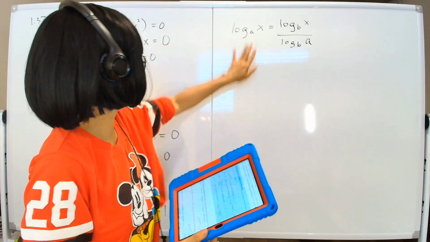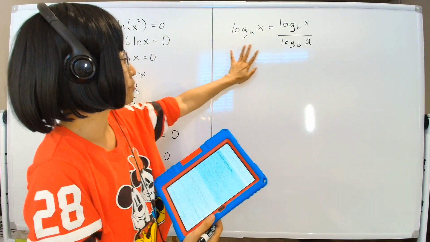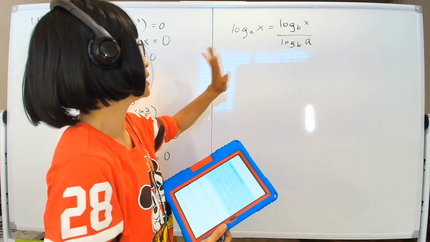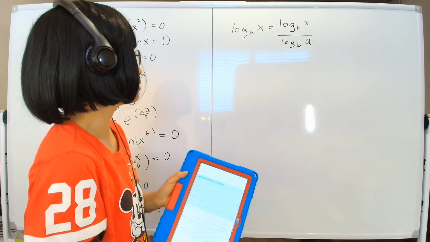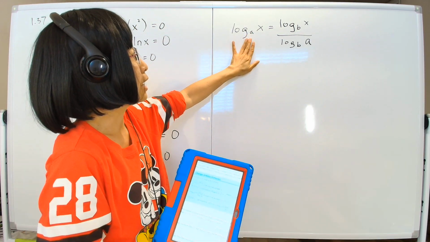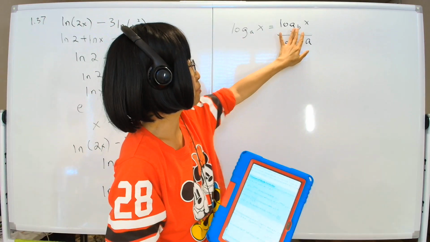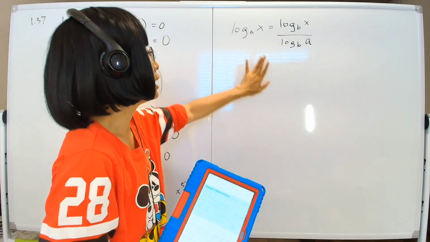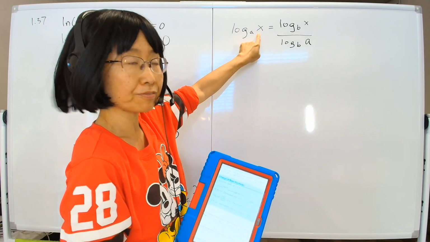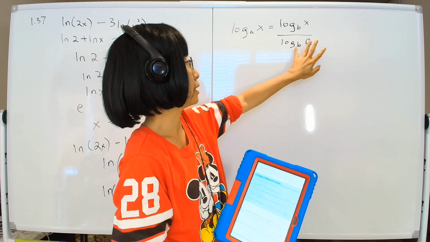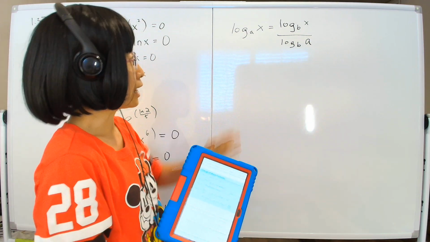The a is the thing that you had before. This is a very convenient way of changing bases. So if you have some odd base, you can just change it to a common base by this particular formula. In here, the x is a variable, whereas a is just a number. A and b are numbers, where x is your variable.